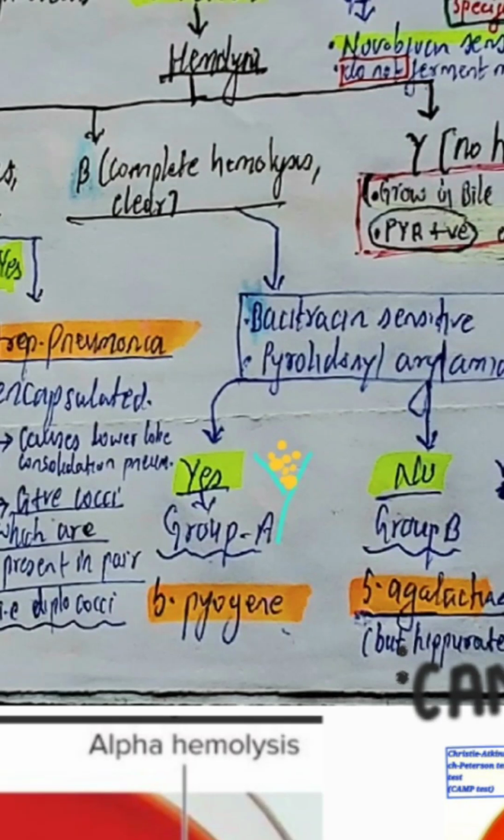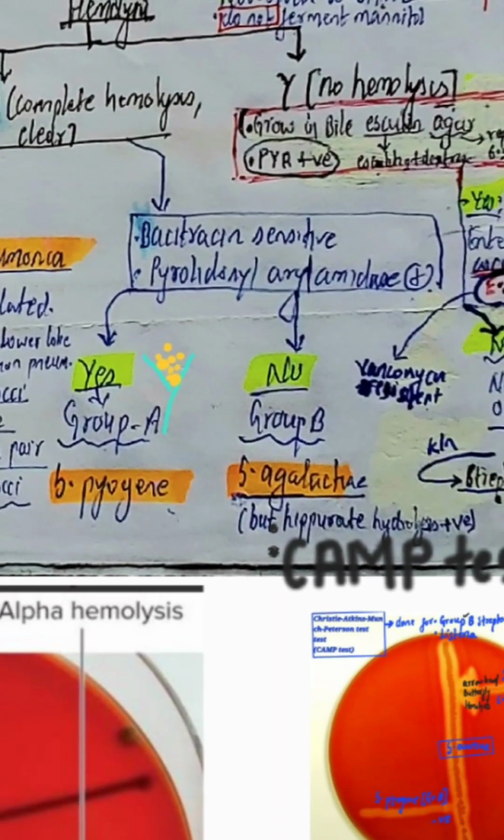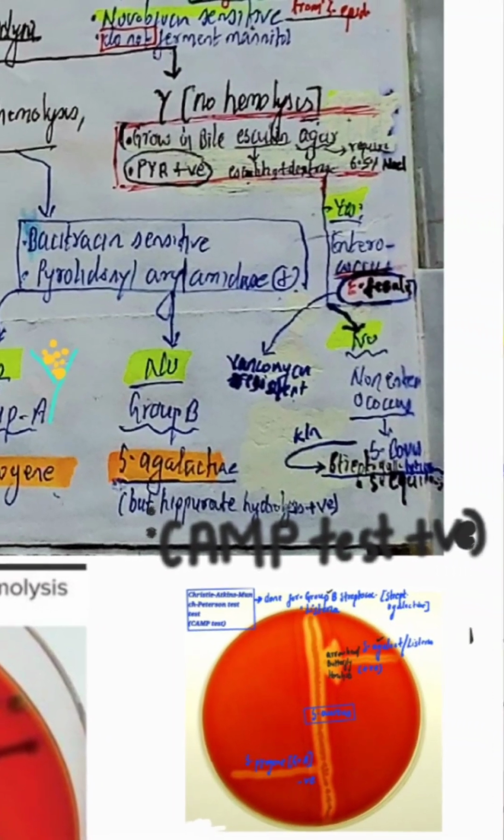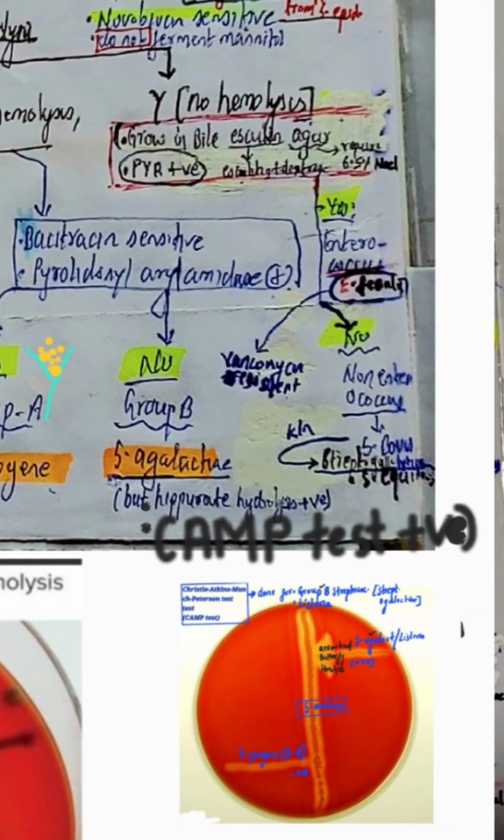With beta hemolysis, it will be complete hemolysis, it will be clear. So next step, see bacitracin sensitivity and pyrrolidonyl arylamidase. If it is positive, it is group A and the answer will be Streptococcus pyogenes. If it is negative, that is group B, so the answer will be Streptococcus agalactiae. Streptococcus agalactiae is hippurate hydrolysis positive.